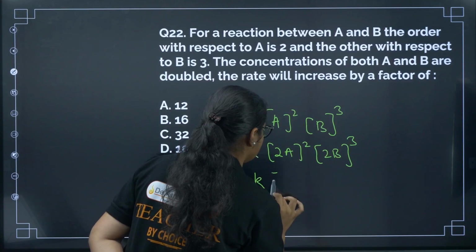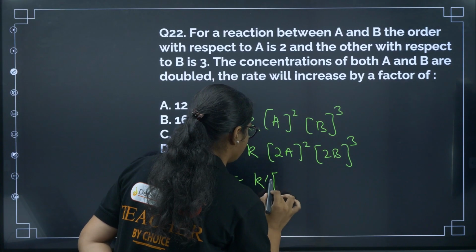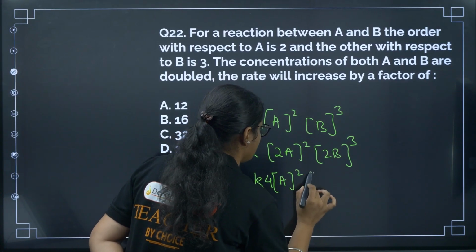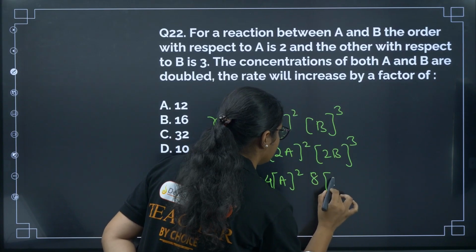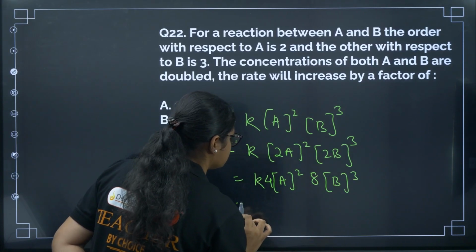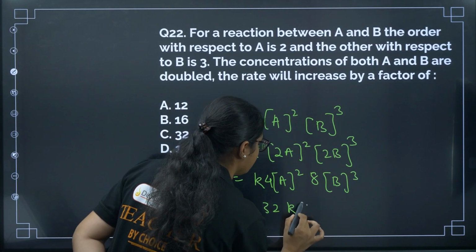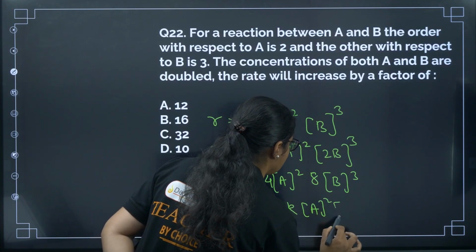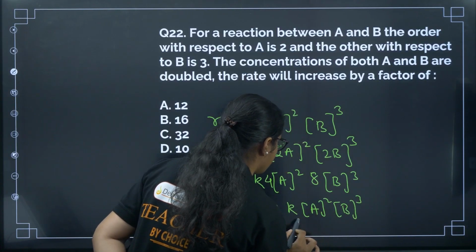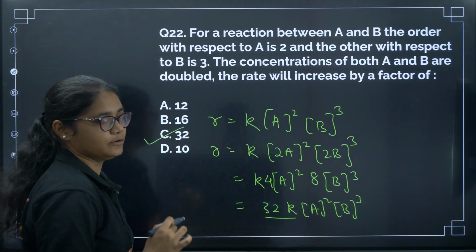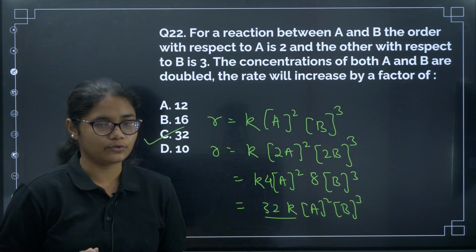So we have here, so I can write 4A square and 8B cube, okay. So we'll get 32 times K A square and B cube, okay. So the correct answer for this question will be 32. The rate has increased now by 32 times, okay.